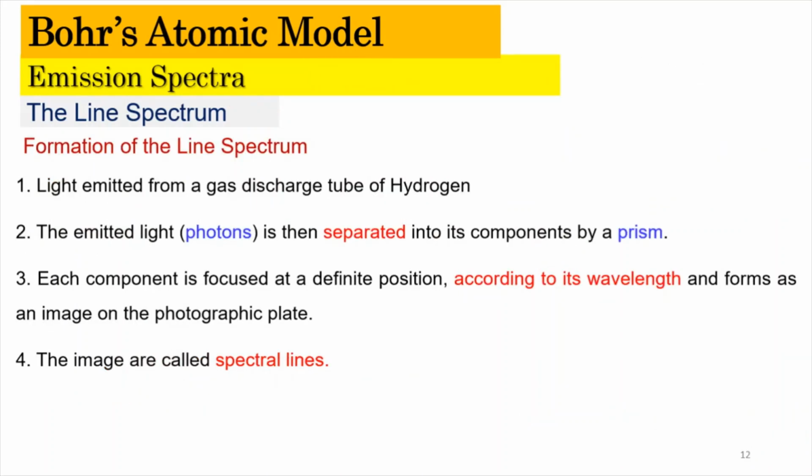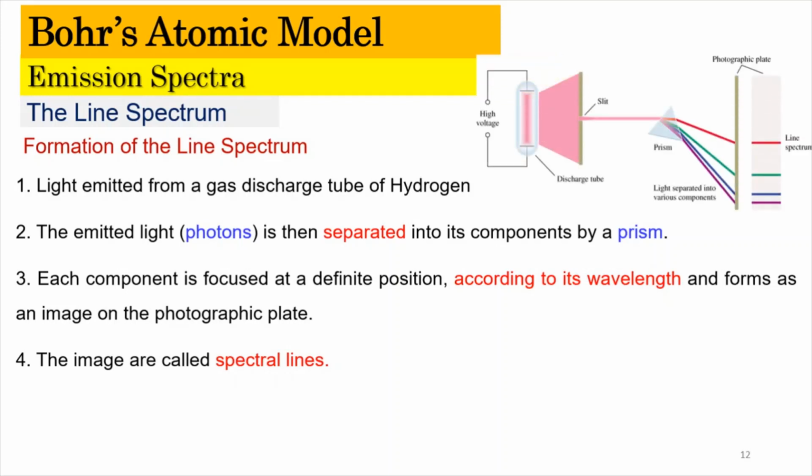Now, for the formation of line spectrum, you can see it using a diagram here. It started with a discharge tube which consists of hydrogen atoms.